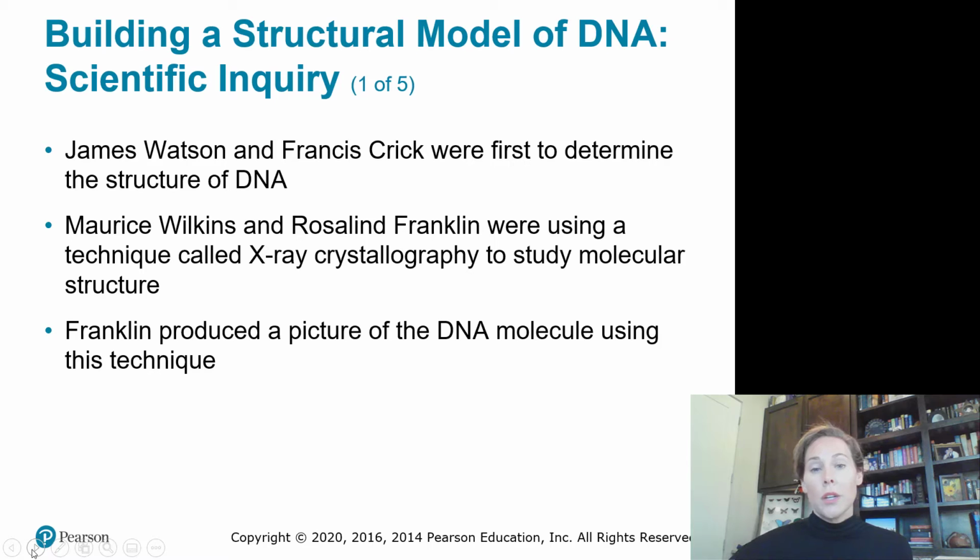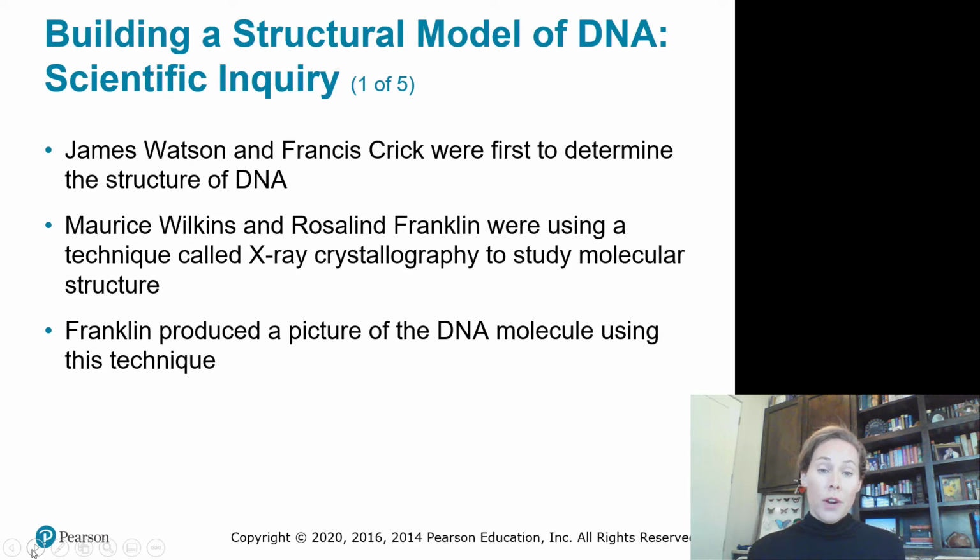Now we go to Watson and Crick. Watson and Crick were the first to determine the actual structure of DNA, and they based it on everyone else's information, specifically the information from Maurice Wilkins and Rosalind Franklin. They were using a special technology called X-ray crystallography, which studies molecular structure.